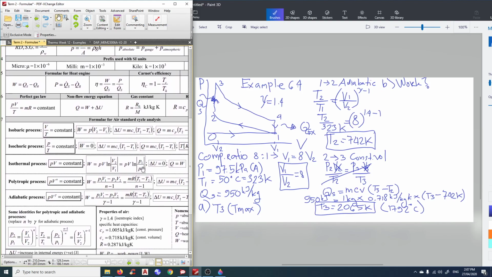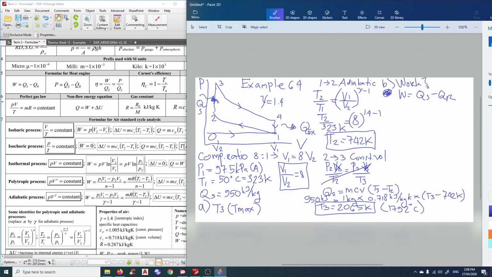What we're going to do for work is use this formula: work equal to Q supply minus Q reject, which makes life much easier rather than calculating work for each process.